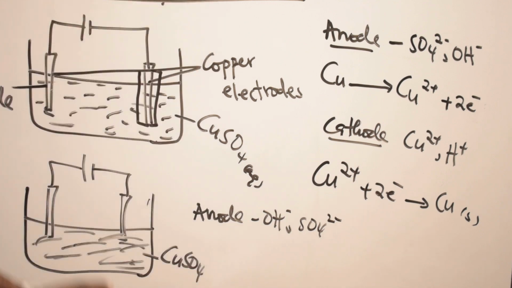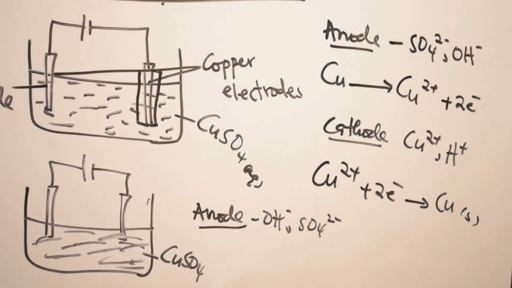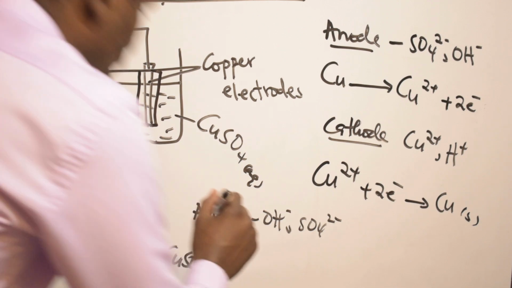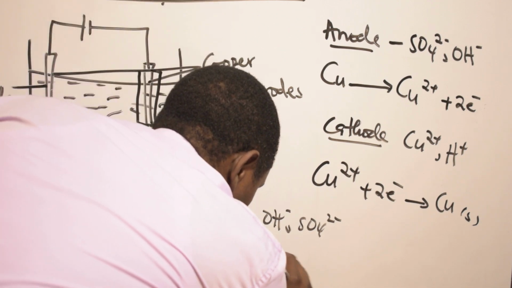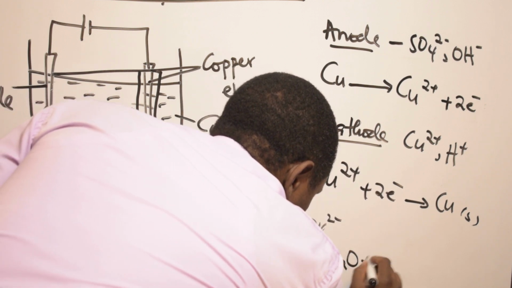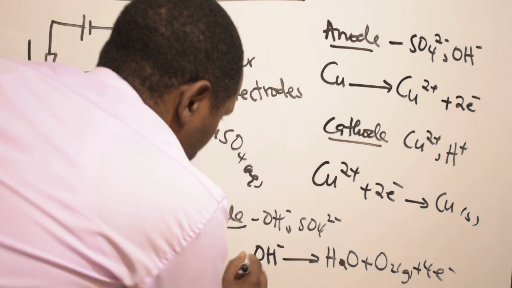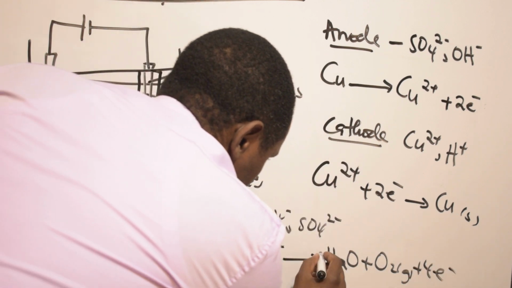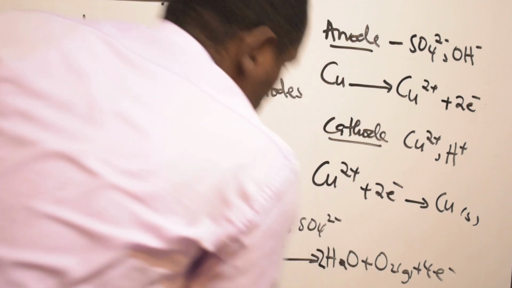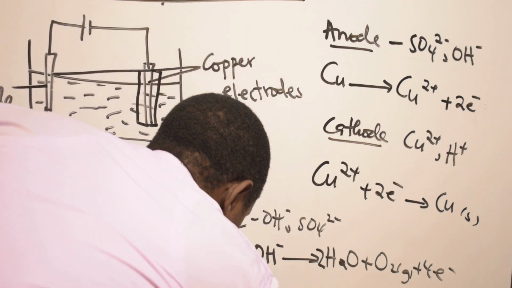Since we have inert electrodes, the hydroxide ions have a higher tendency to lose electrons, and we need to know this equation, very important. We're going to have 4 hydroxide ions forming 2 molecules of water plus oxygen and 4 electrons.